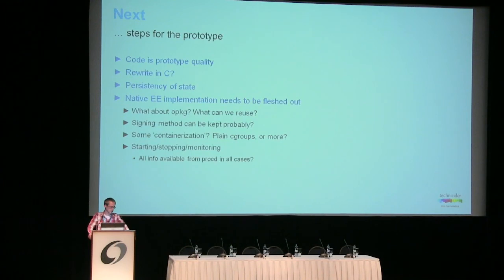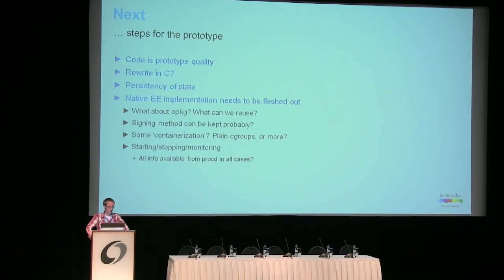Next steps that we see for the prototype, and questions, and also for feedback. Currently it's really prototype quality, so robustness-wise, not ideal. It's written in Lua. It's good for prototyping. It works.